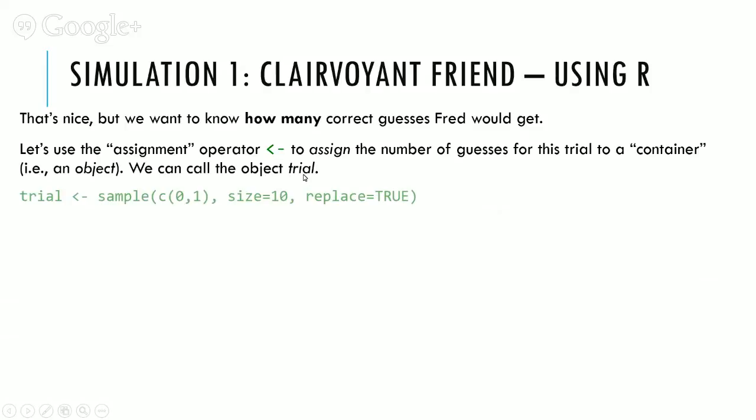There's some rules for what the name can be. We're going to call it trial. Pretty much any word without spaces or stars or commas or whatever can be an object. So we're going to create a new object called trial, and we're going to do less than dash. So everything over here, our sample, is going to work out to just be 10 zeros and 1s, right? That will be put into this object called trial.